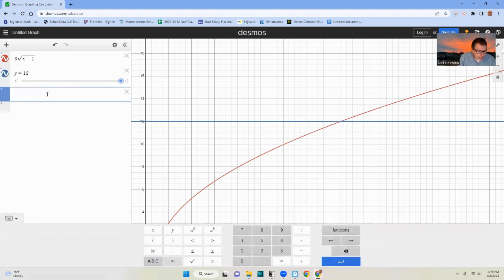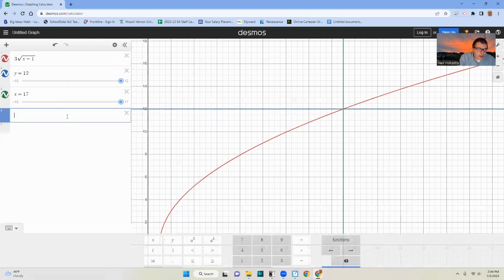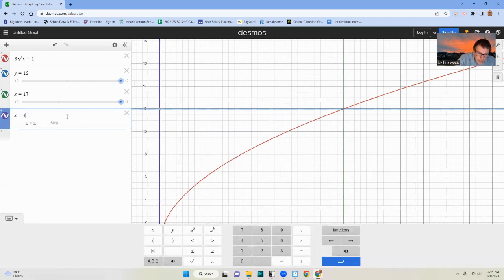So now if I write x equals 17, then all this value here is less than 12 until I get to there. Then it's equal to 12, but then it's greater than 12. So I want to be less than 17. And then what is my value down here? It is 1, 0. So now I'm going to put x equals 1.